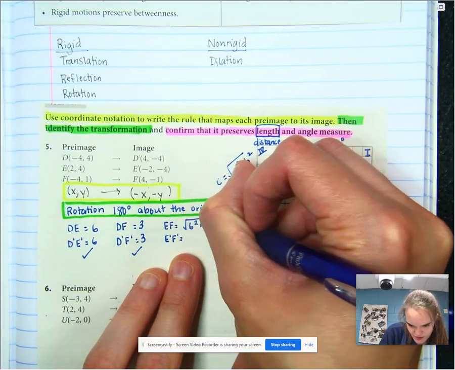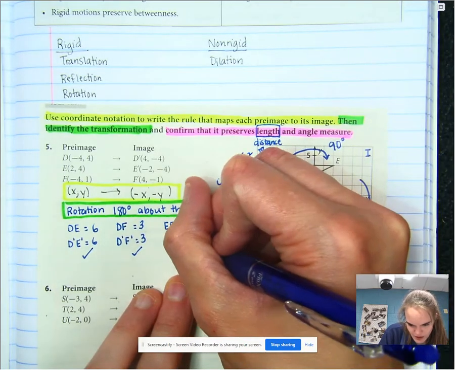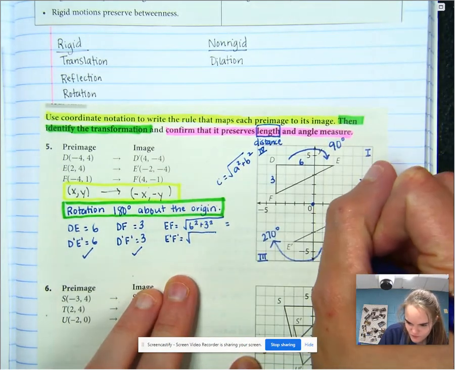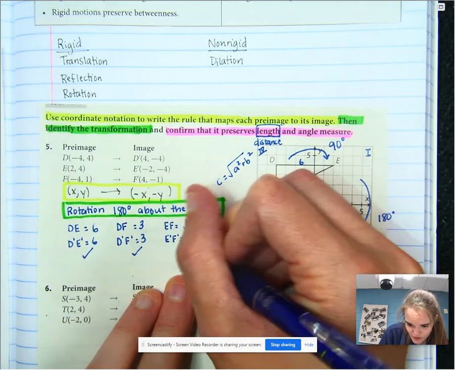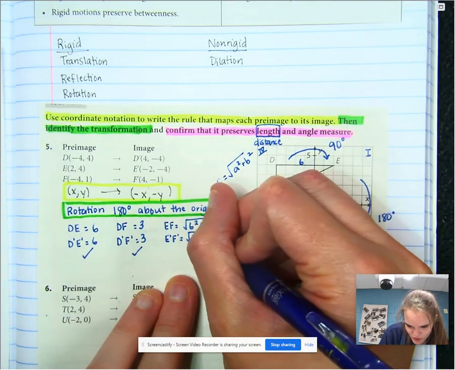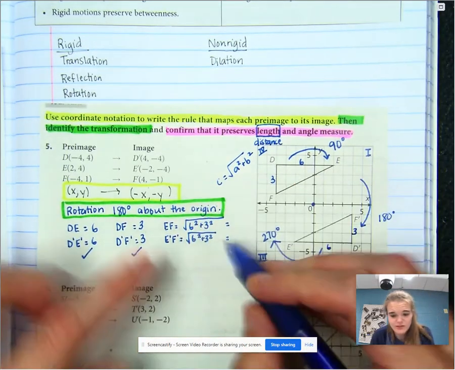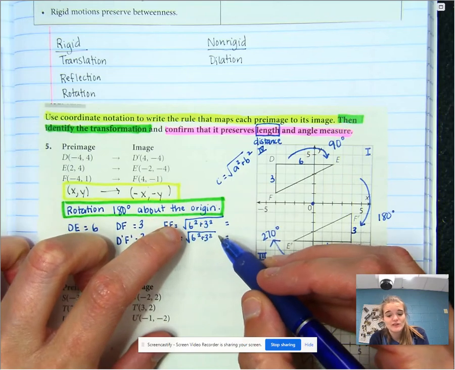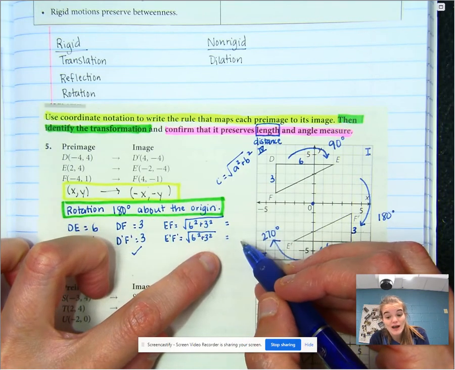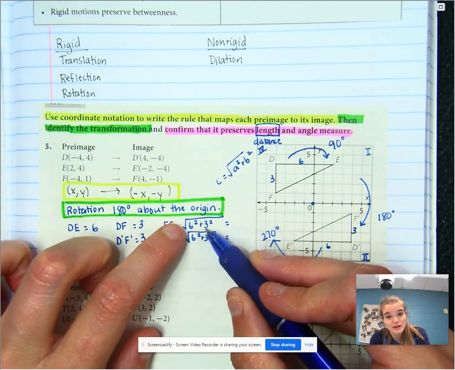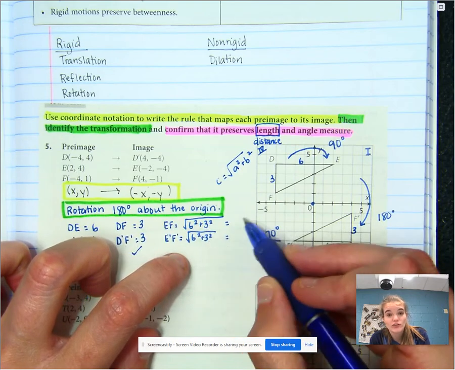But E prime, F prime, we also have 6 and 3, so that means it's also 6 squared plus 3 squared, which means they have to be congruent. It's the same thing, which means I don't even have to find the decimal, because if they're the same right here, then they are the same.